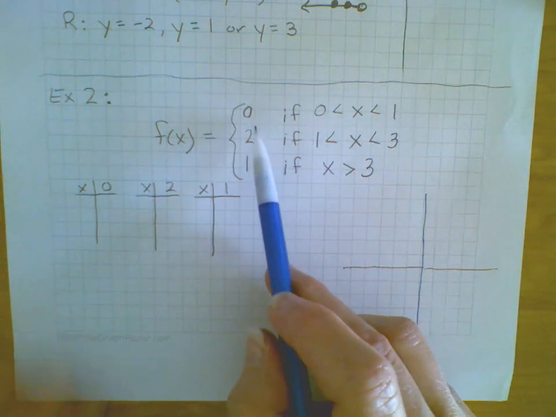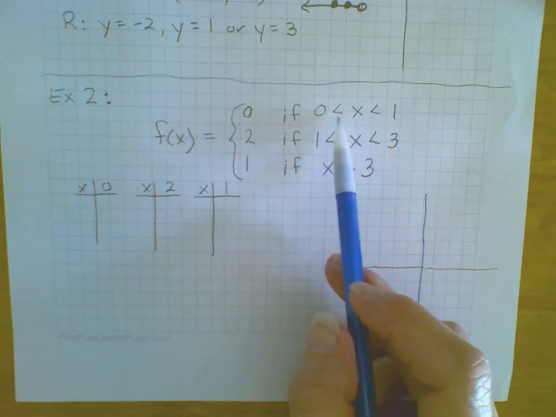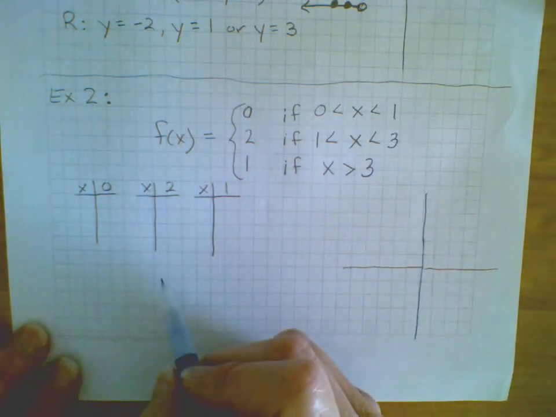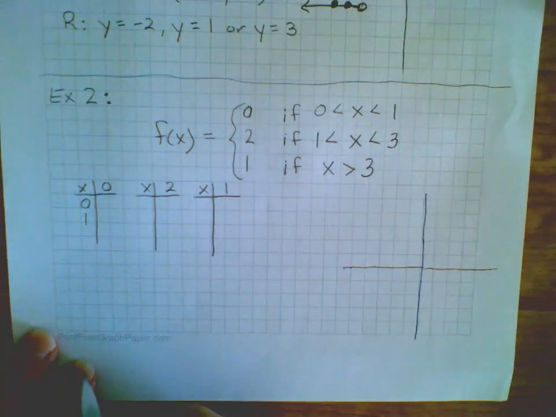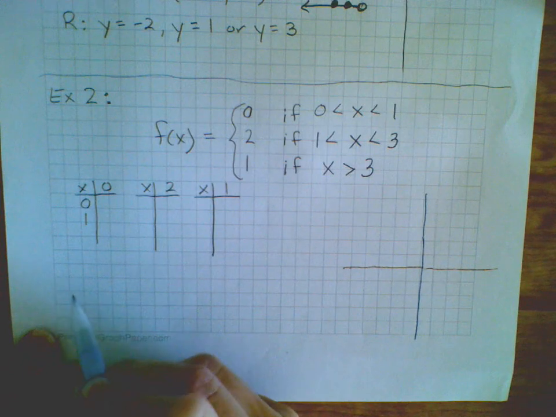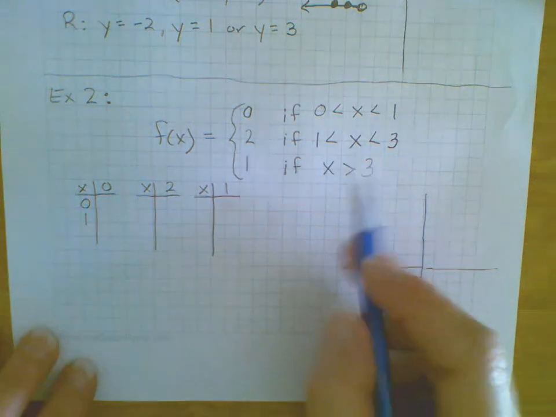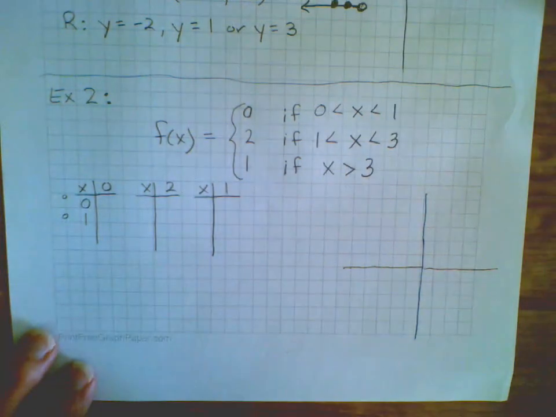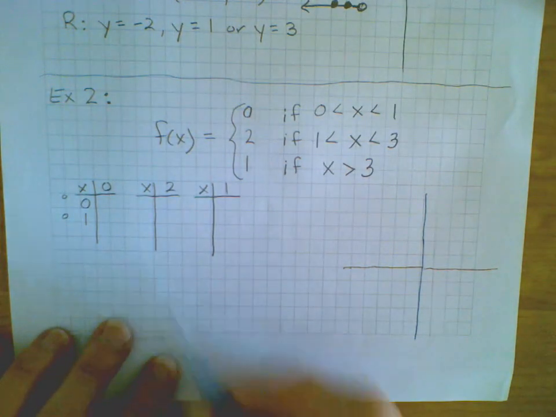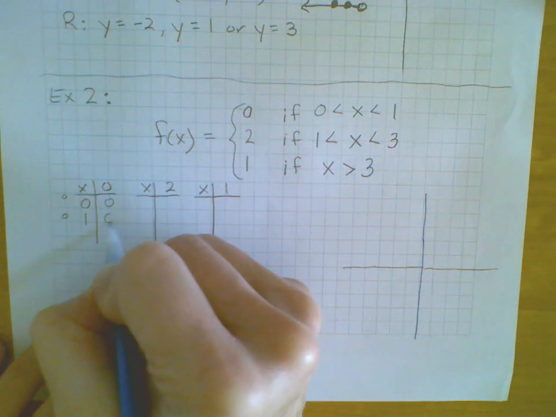So the first piece is going to be between 0 and 1. Well, I'm just going to use 0 and 1 because it's a very small range. And it's not equal to, so both of these are going to be open circles. And then the y value will be 0.